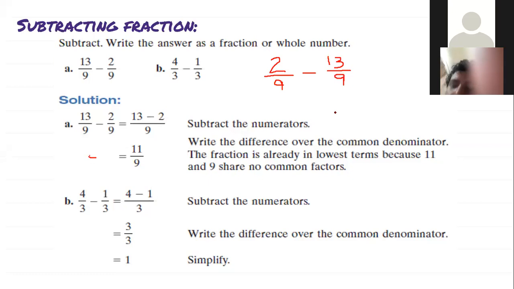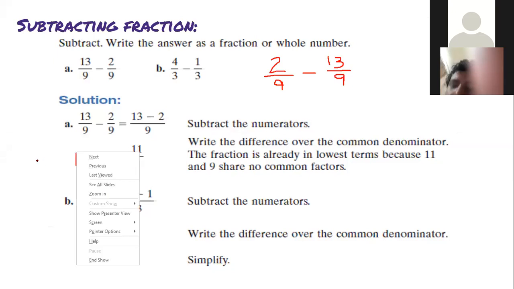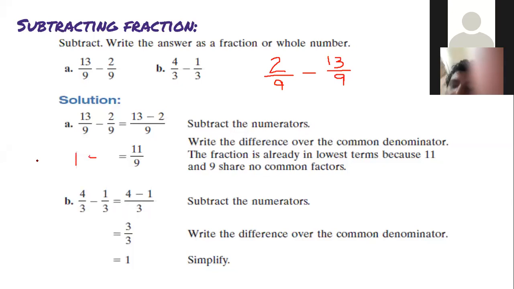So, can you please help me change 11 over 9 into a mixed fraction? I think it's 1 whole and a half. Remember that the denominator 9 would stay 9 with this one.